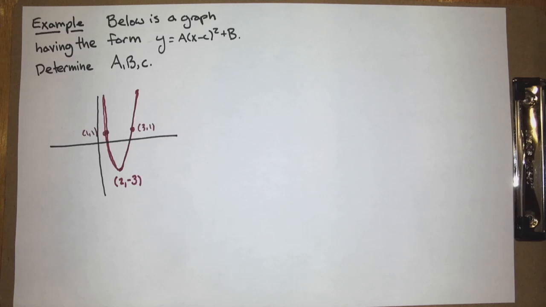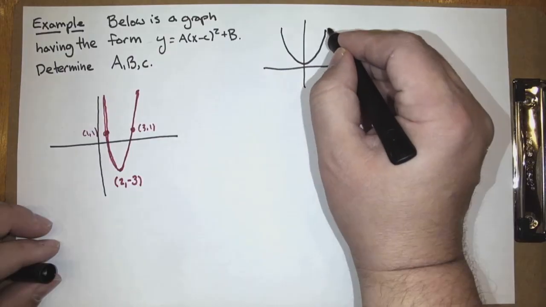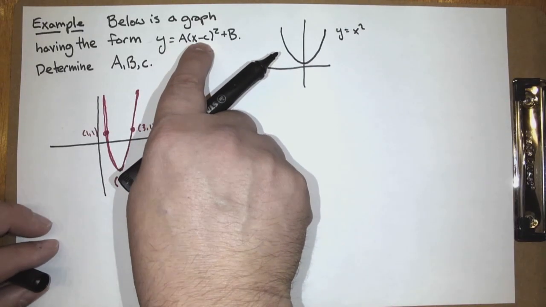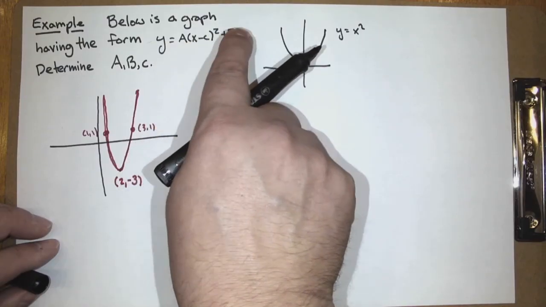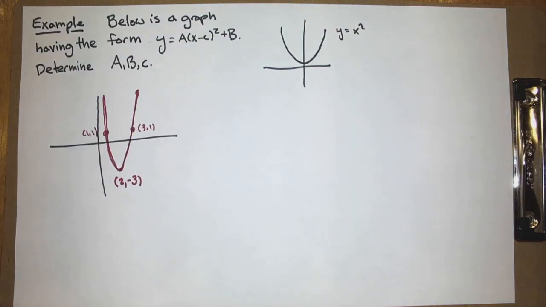And it's asking us to determine the values of A, B, and C. In particular, what's gone on here, well, essentially, you're starting with a quadratic, or parabola, y equals x squared, and then you're doing a horizontal shift, that's what the C does, a vertical shift, that's what the B does, and a stretching. That's what the A does. So we need to figure out what's going on.